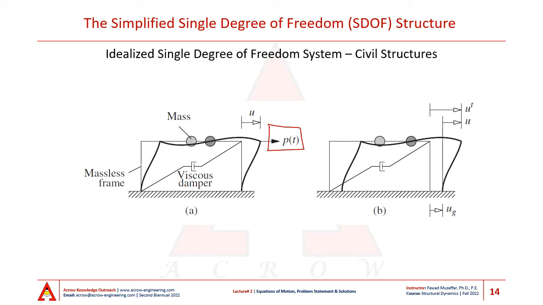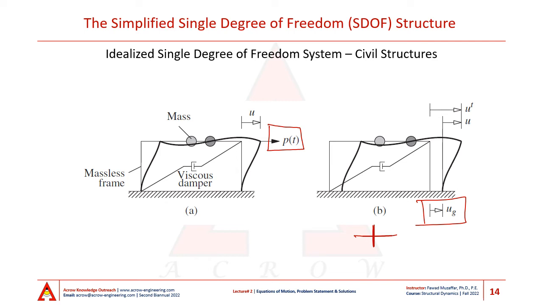So, since the ground is shaking itself, we assume that we have another stationary frame of reference that does not move with time. And relative to that stationary frame of reference, our ground is moving as a function of time by ug.